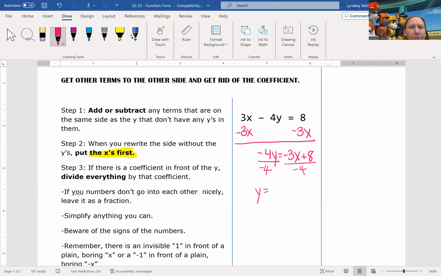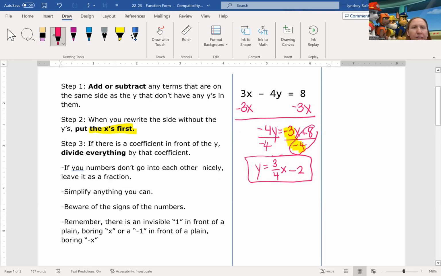So in this case, our negative 4 does not go into negative 3 nicely. So we're just going to pull out that fraction. That is going to be the coefficient that goes in front of the x. And keep in mind that a negative divided by a negative is a positive. So our x's will have a 3/4 x. And on the other side, 8 divided by negative 4 means we're going to have a minus 2 there. And that is our function form.